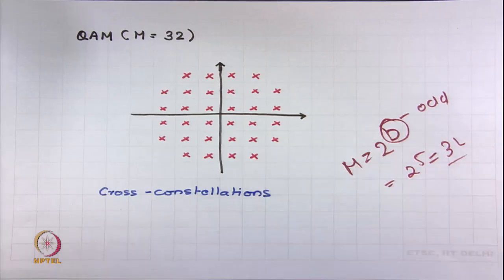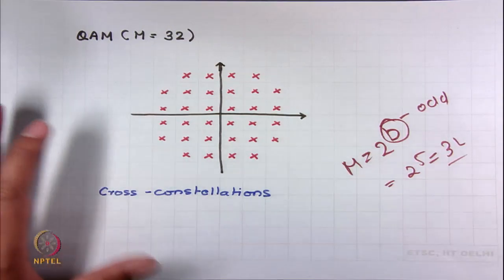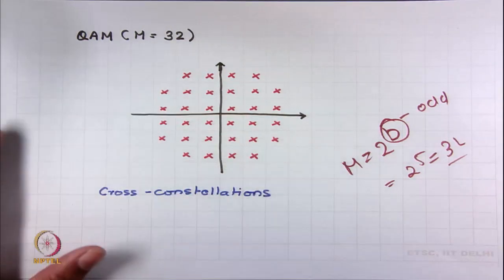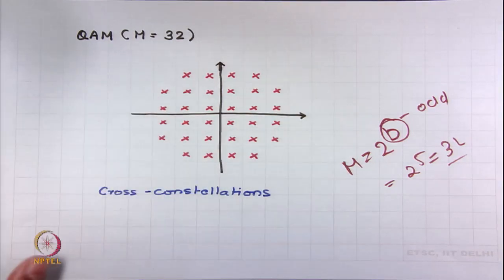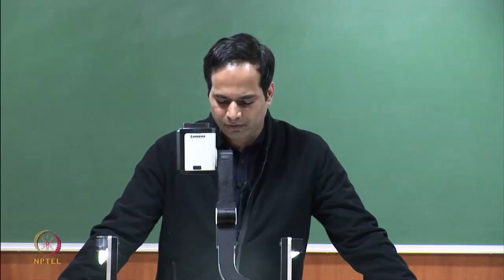If b is odd, we cannot have a square grid constellation, and then you have cross constellations, something like this. Okay. So, in QAM we can have square grid constellations, which is the standard constellation for QAM, and you can have other constellation structures for QAM like cross constellations and so on and so forth.